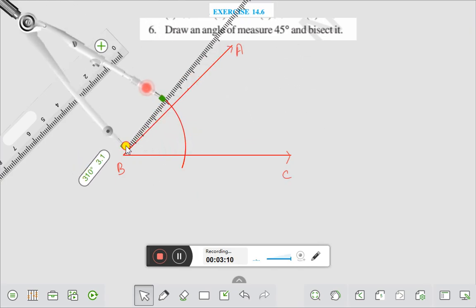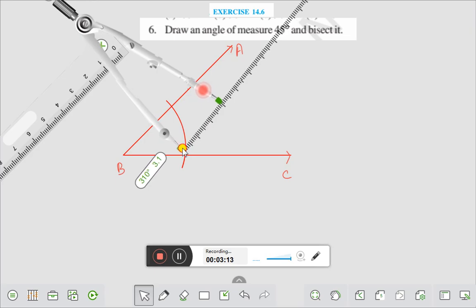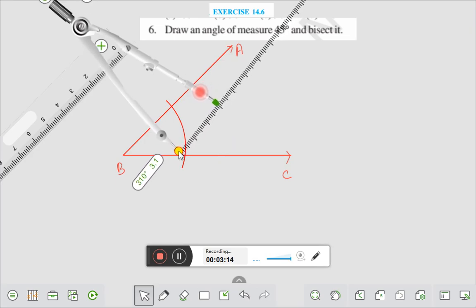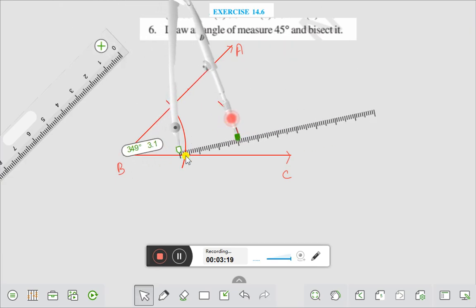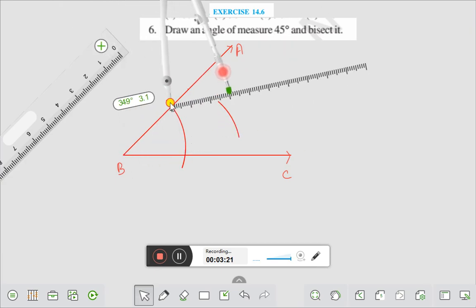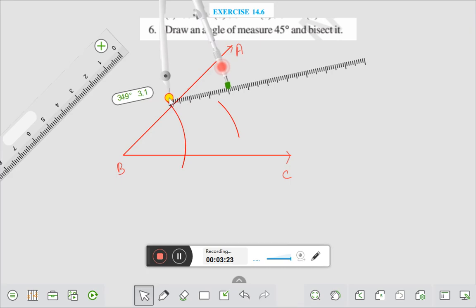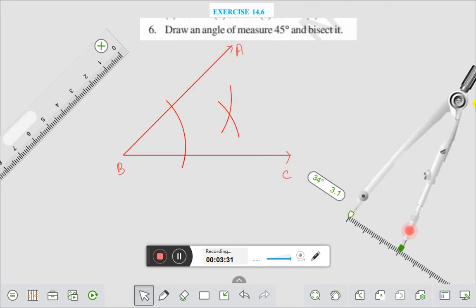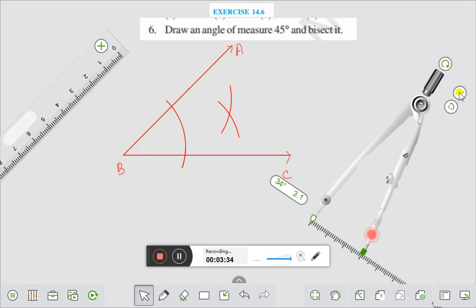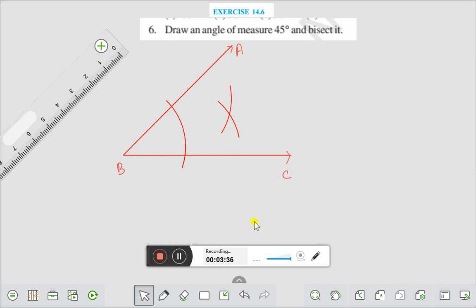right? Now take this pointer at this point, and draw another arc here, and take this pointer at this point and draw another arc here, right? Then we'll get the angle bisector, right?